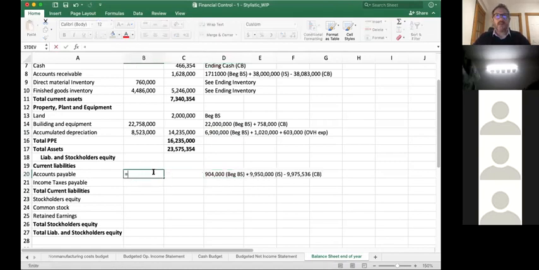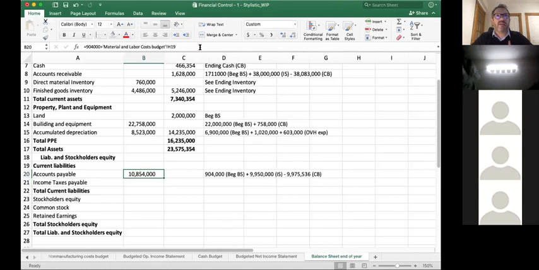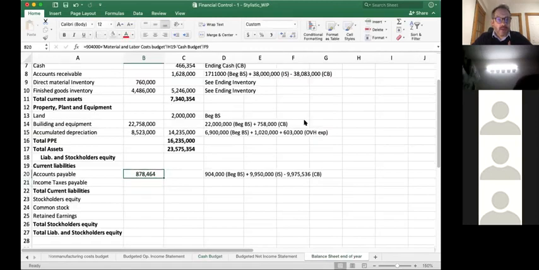So the beginning amount that we find in the original balance sheet is 904,000, okay, plus the new purchases, okay, here in the material and labor cost budget, 9950, okay, and minus everything we paid in the cash budget, so which is here, direct material, I guess. Yes, this is the amount.